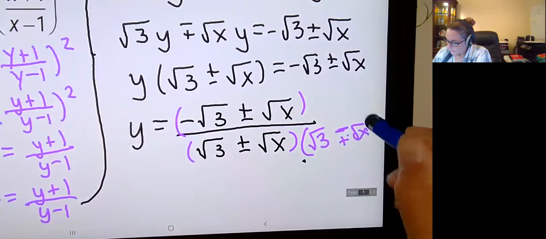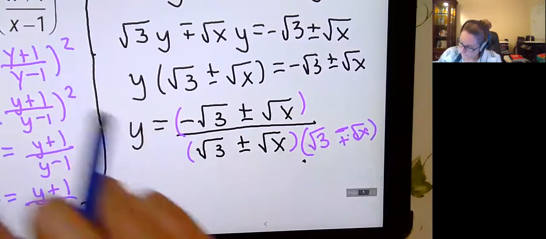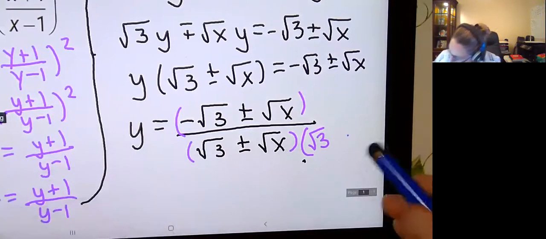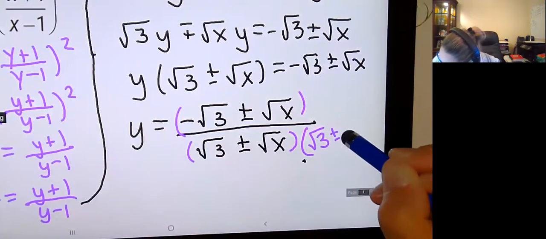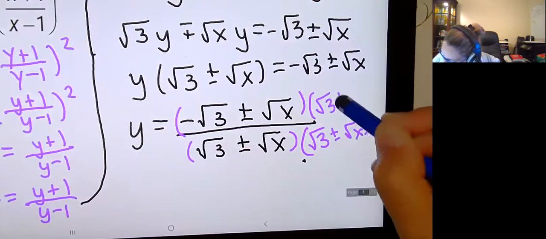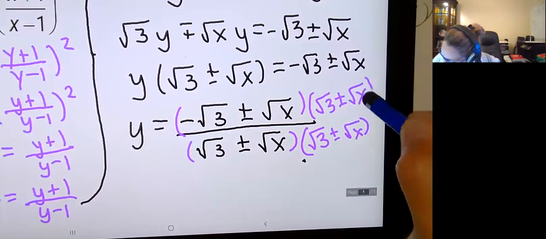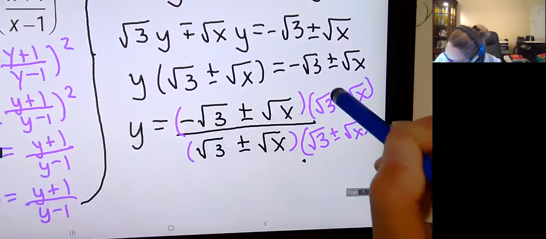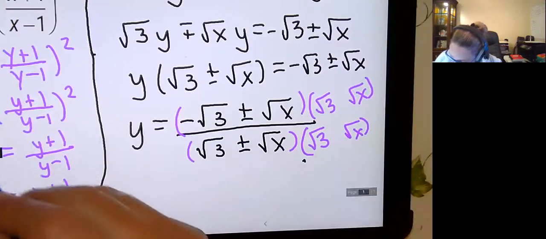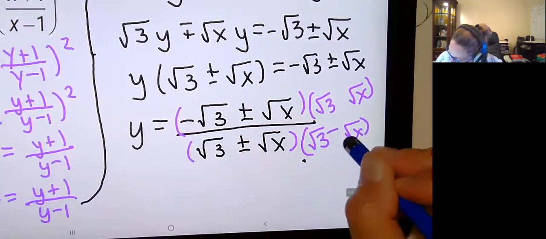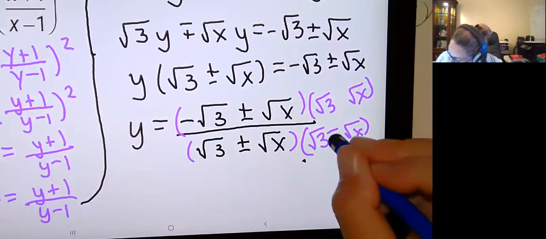Root x. Hold on, let me write that better. Not very legible. Plus minus root x. And I would do the same here, root 3 plus minus root x. Sorry, let me keep that same order just visually for us. So if this is a plus, then this would be multiplied with the negative. If this is a negative, this would be multiplied by the plus.